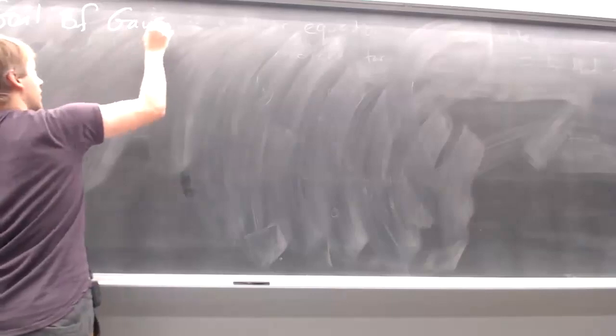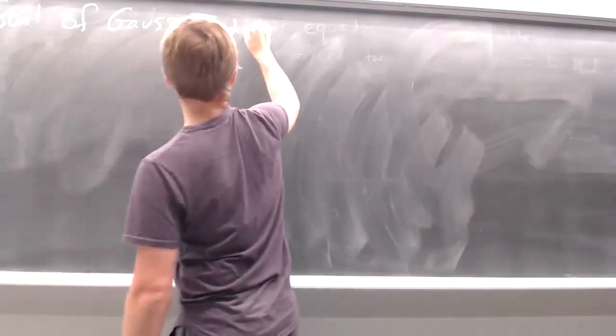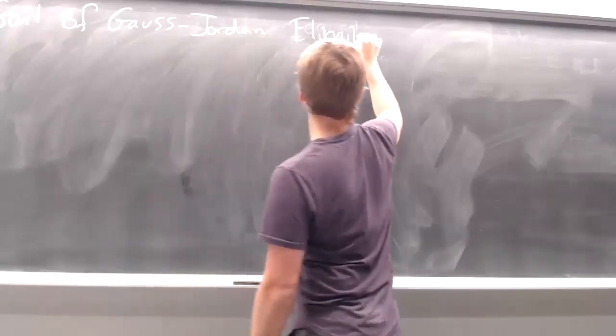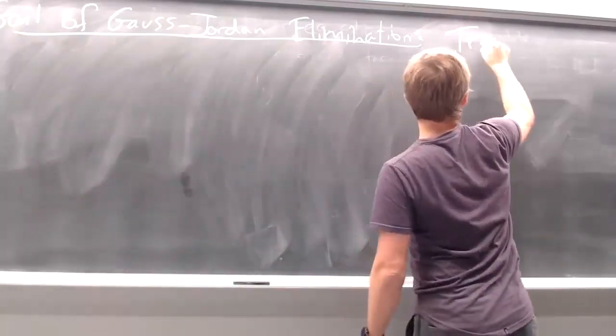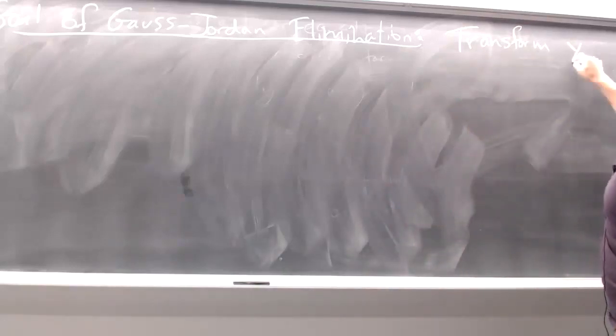The goal of Gauss-Jordan elimination is to take your system of equations and transform your system of linear equations into a very, very simple system, which just looks like x equals something, y equals something else.